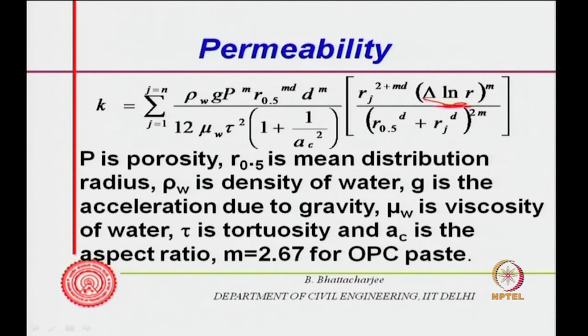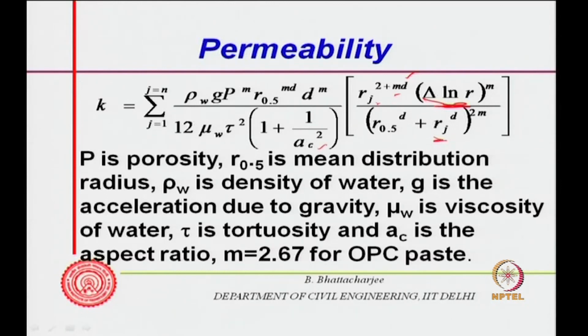So, in log terms, ln r2 minus ln r1, that is delta ln r. m is the exponent I already said, D is the dispersion, Rj is the jth pore size, average jth pore, and this is for any pore size. So, Rj stands for jth pore size.